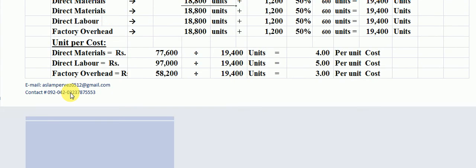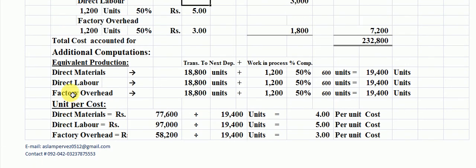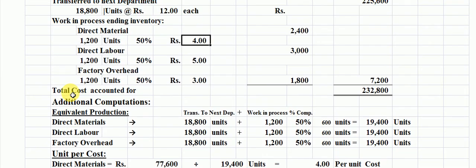Now we check again that it is correct. Now we multiply units, degree of completion and per unit cost. Then we find the value of 2400 as a net material cost in the unit still in process, same as direct labor cost 3000 rupees and the factory overhead cost is 1800 rupees.